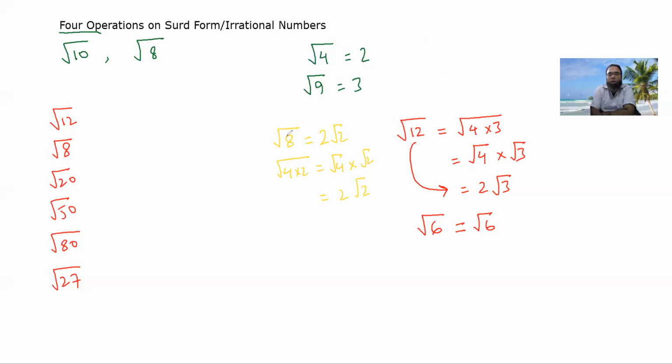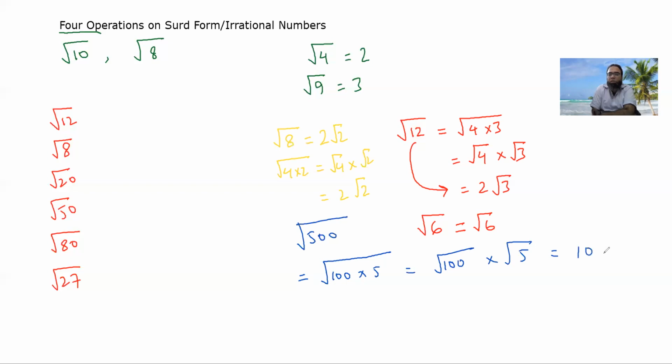Now let's take the square root of, let's say, 500. I can see that this is basically 100 times 5. So this is the square root of 100 times the square root of 5, which can be written as 10 under root 5.